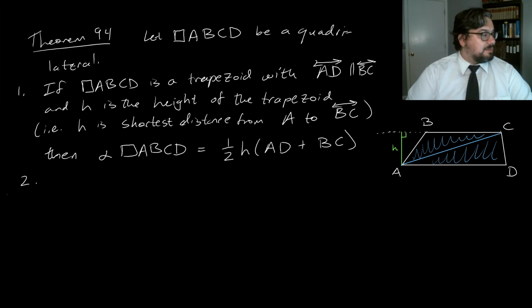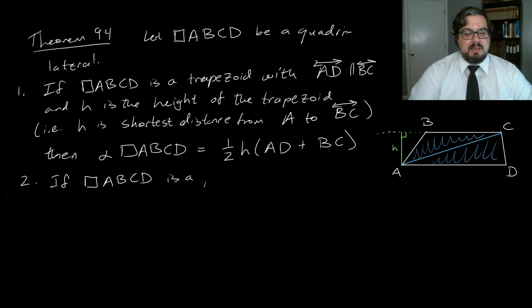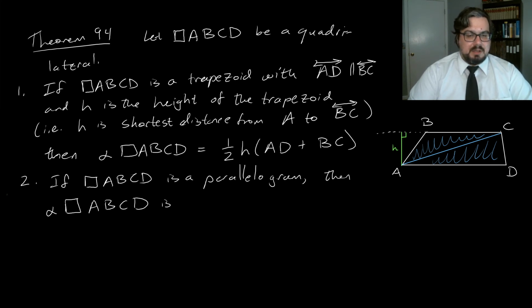All right. Similarly, if quadrilateral ABCD is a parallelogram, then the area of quadrilateral ABCD equals H times AD, where H is as before.